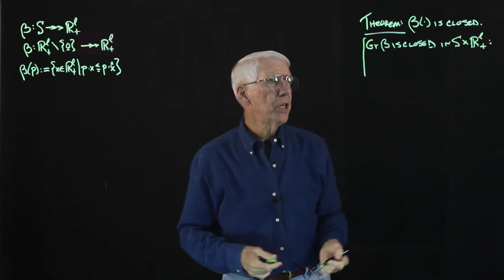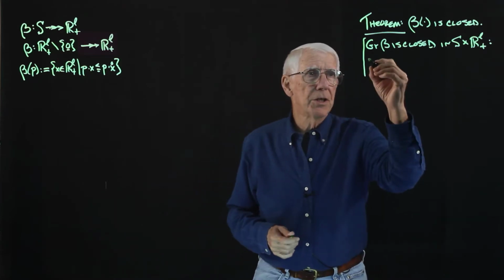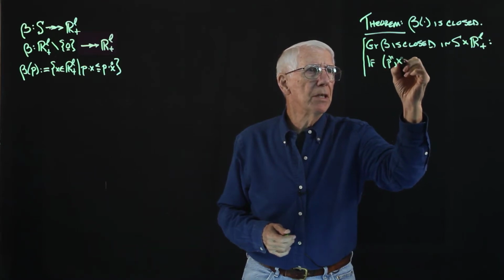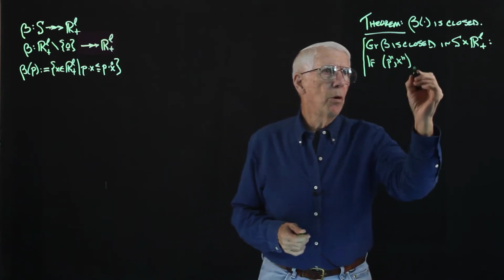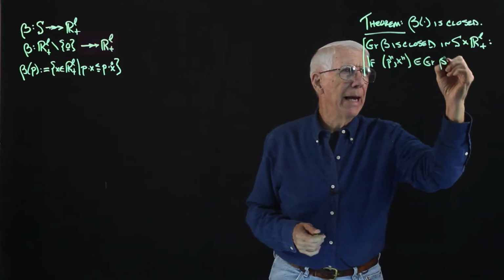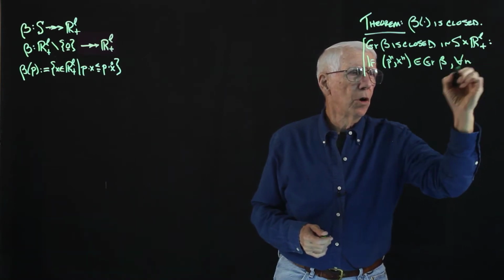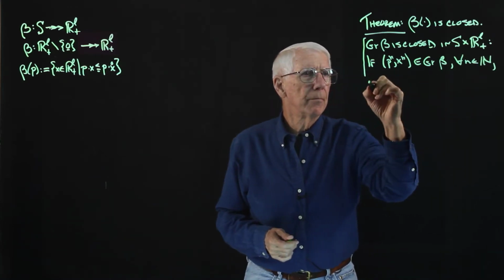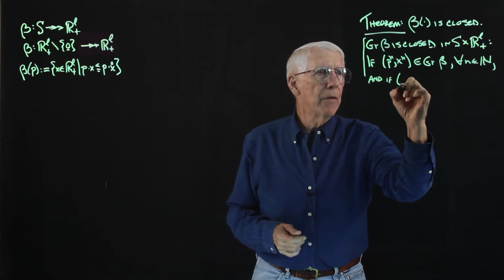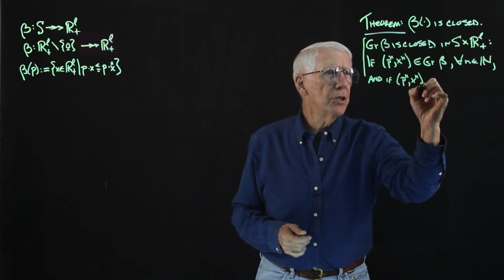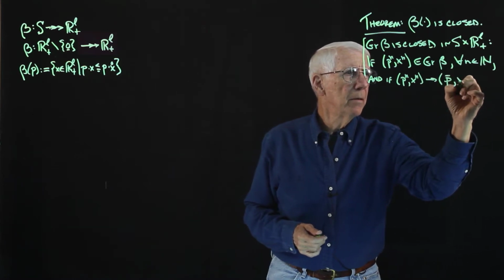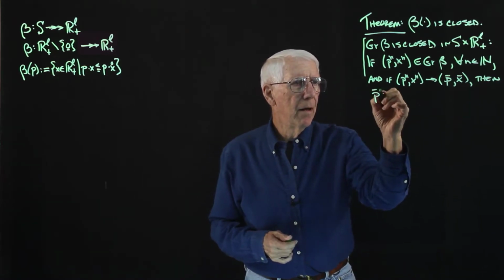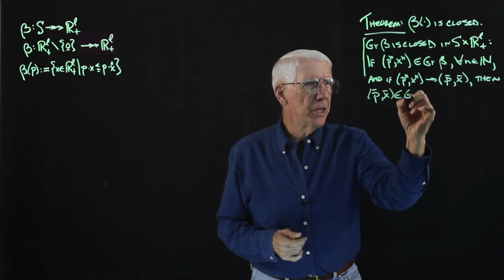where the graph lives. And to say a set's closed, of course, is to say that if we have a sequence of points, and all of those points are in the set, so in the graph of beta, for all n in N, let's say, and if that sequence converges to a limit, then the limit has to be in the set as well.